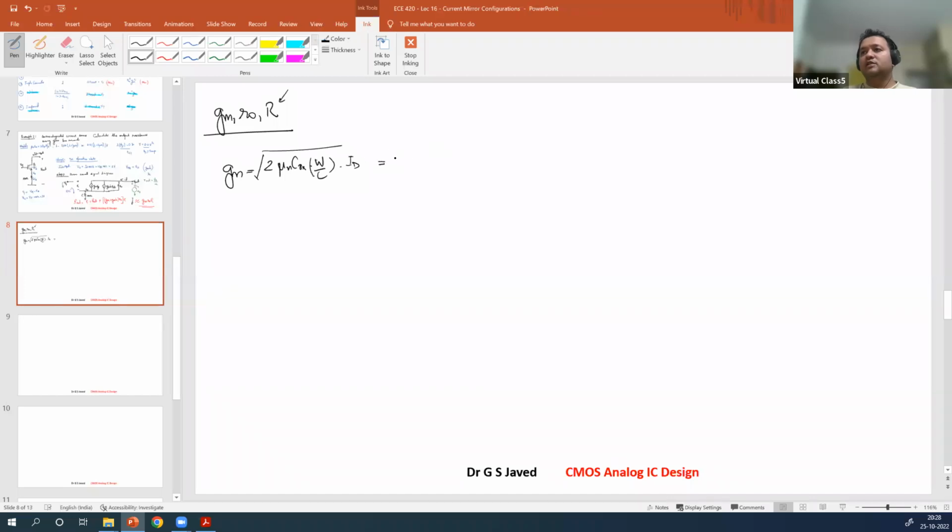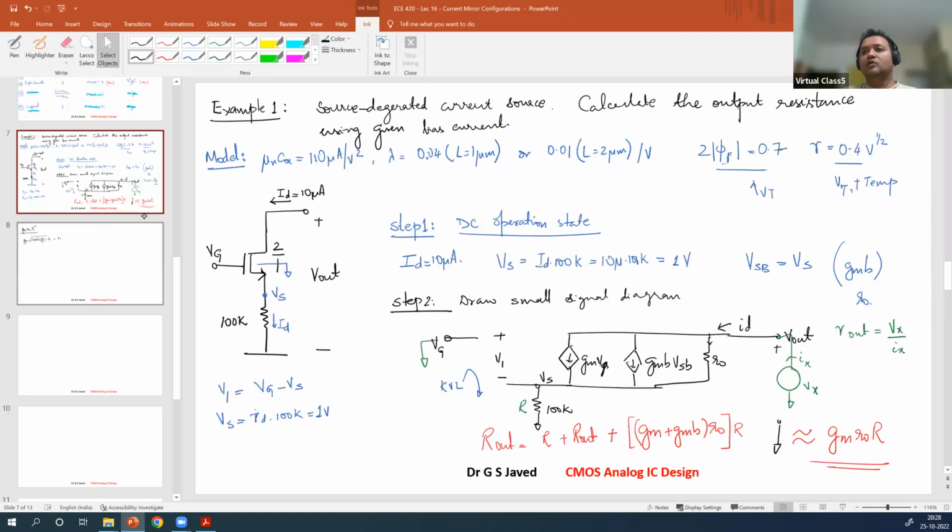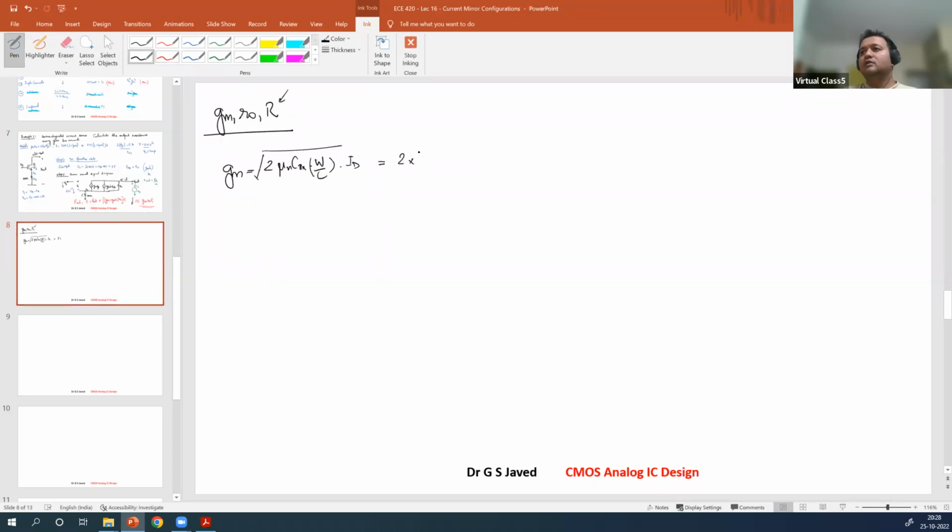So these known parameters will end up being 2 times mu n Cox is 110 micro, W by L 2:1, ID 10 micro. So micro and micro within the square, you get micro outside. 2 and 2 to the square, you get 2 micro. What is left over is root 110.